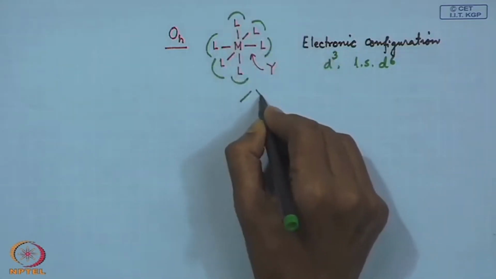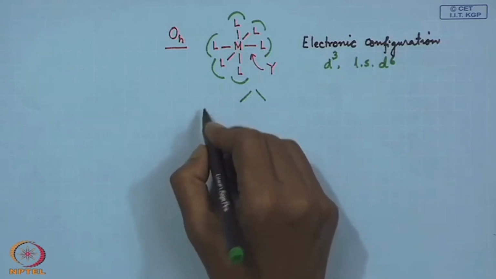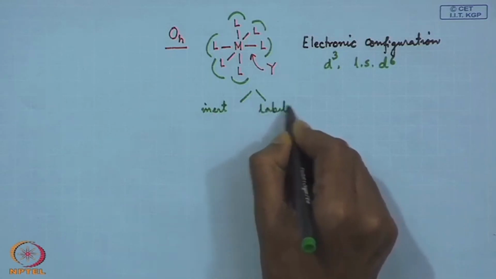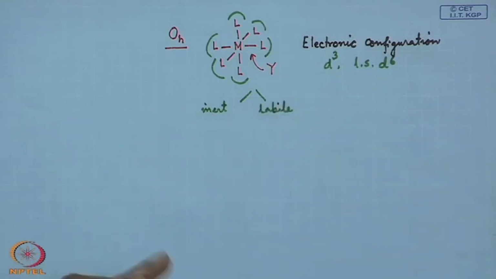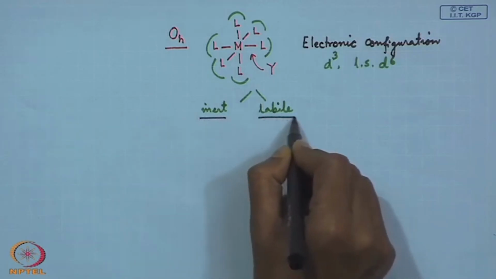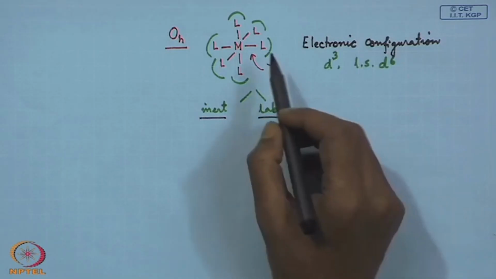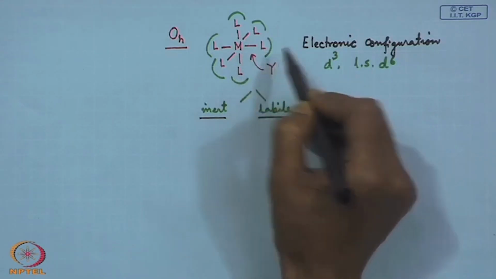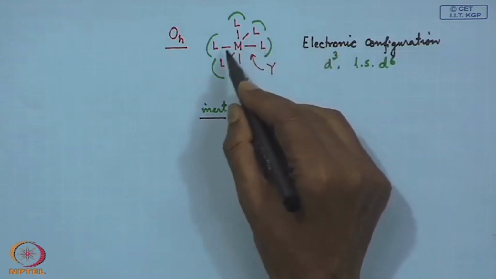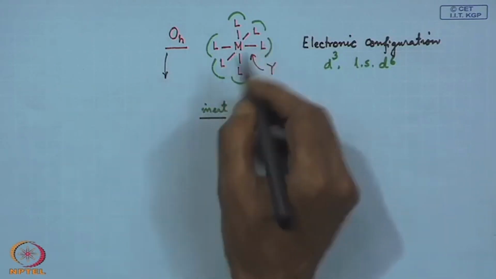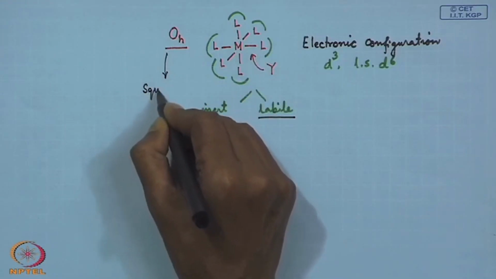And we got two types of these molecules, which are inert or labile. Inert in terms of substitution and labile also in terms of the corresponding substitution. So, when these molecules go for this type of reaction, if one particular L is dissociating from the metal center, then we have a particular geometry, which after removal of one L is the square pyramidal one.